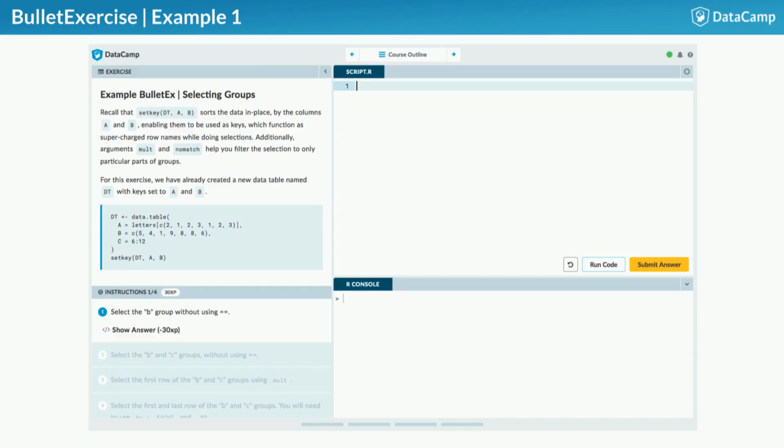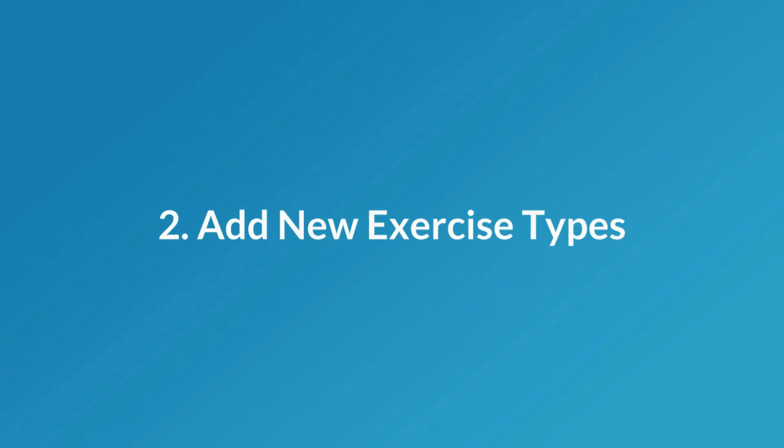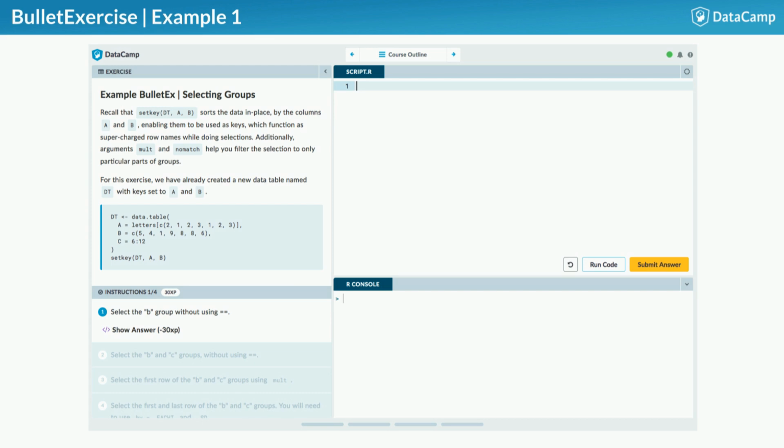The second thing we realized is maybe there's a way we can change the product to reduce the cognitive overload. And we came up with a new exercise type called the bullet exercise, where you complete the instructions in different steps. This really reduces the cognitive overload and really increases the completion rate of students of these exercises.